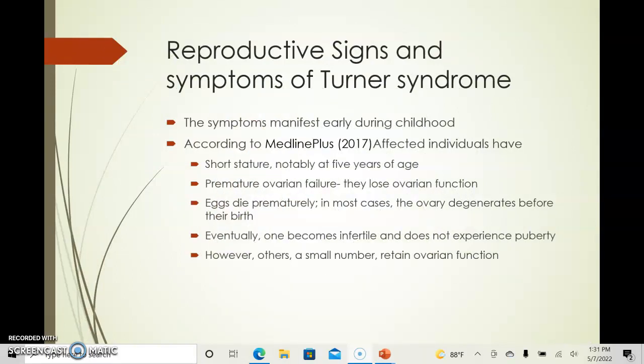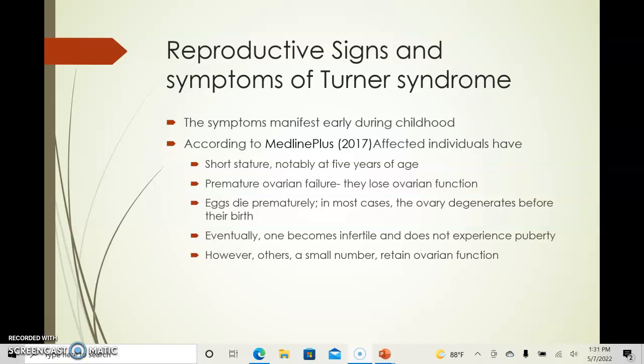The next slide I'm going to talk to you about is the reproductive signs and symptoms of Turner syndrome. Turner syndrome results in the loss of reproductive ability, mostly during childhood and before birth. The affected individuals have short stature, notably at 5 years of age.